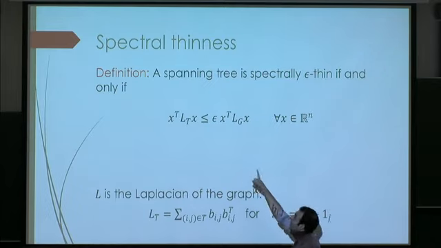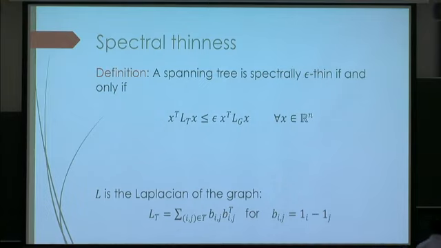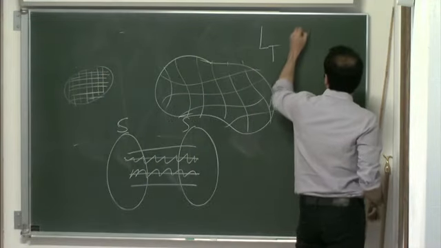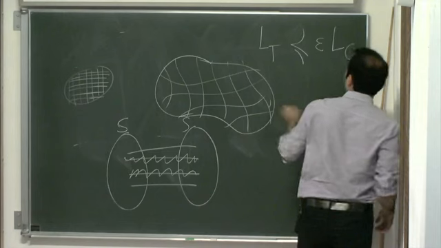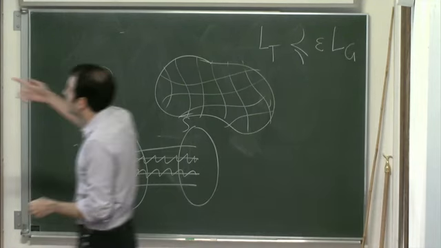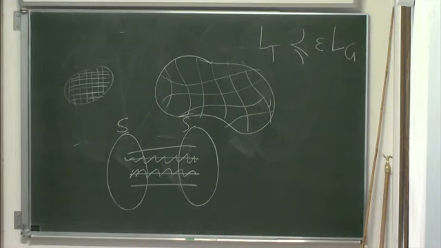Or, the way Nikhil wrote it, you can write L_T is less than or equal to epsilon L_G in the positive semi-definite order. Right? That's the equivalent way of writing. And Nikhil defined the Laplacian, right? So in this form, that's going to be useful for you.